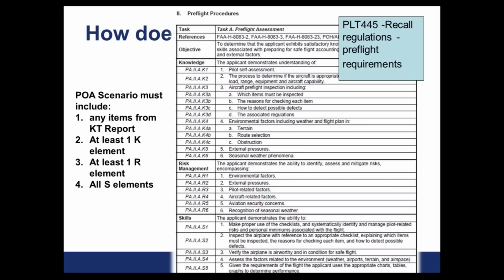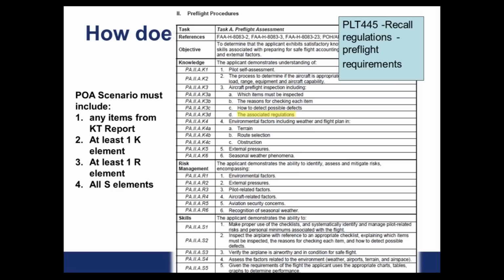So I took a look at this task and I discovered, I'm going to highlight it for you, that item Kilo 3 Delta was a very good match for this particular PLT code. If you look at Kilo 3 Delta, the associated regulations, now that's a sub-element. It'll make more sense if you read the entire group there.